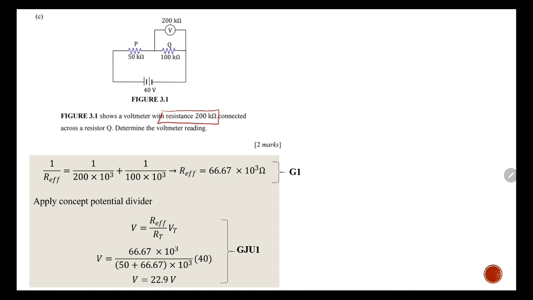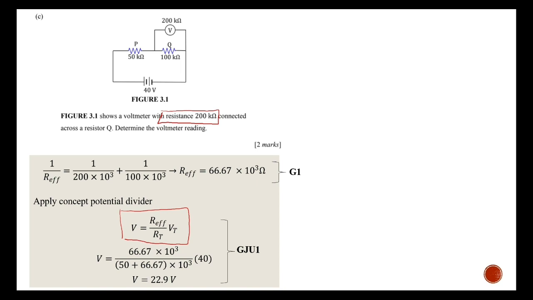In order to solve this, first we have to calculate the effective resistance. We can use it to get the voltmeter reading by applying the concept of potential divider, where V is equal to R effective divided by R total times V total. First we calculate the value of R effective.